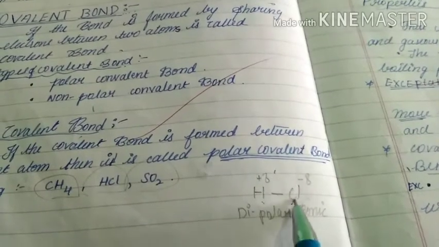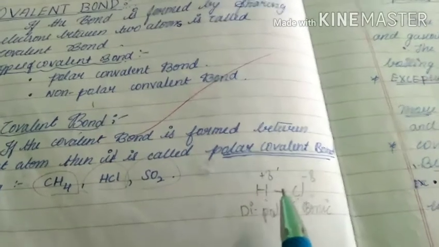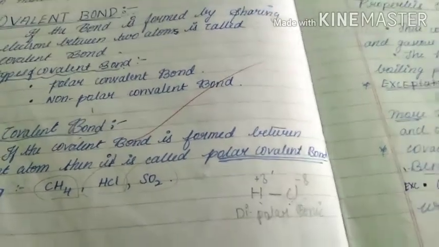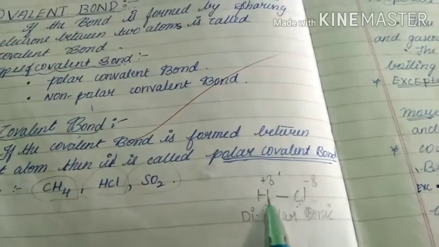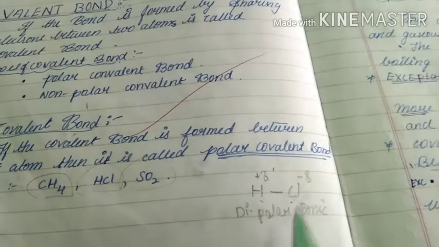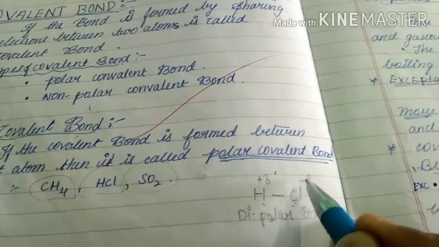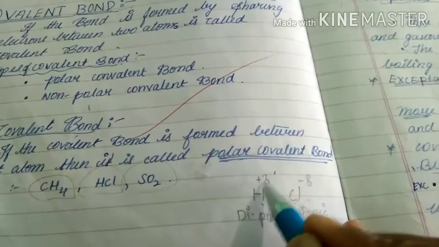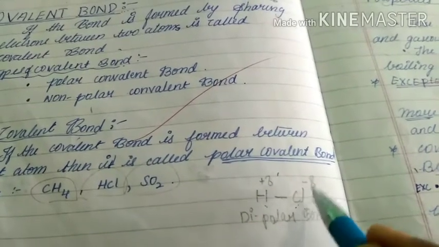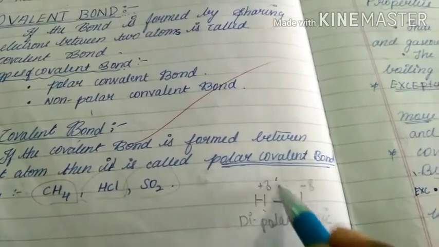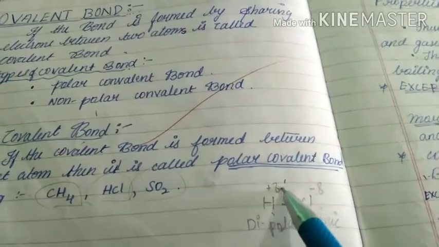So because of the more electronegativity of chlorine, the electrons present in that bond readily move towards chlorine. That means hydrogen is going to lose electrons, and chlorine is going to gain electrons. Because of that, we mention it like this. This is called minus delta. Here plus delta. Why plus delta? Because hydrogen is going to lose the electrons, and chlorine is going to gain the electrons. This delta is called partial. That means partial negative charge. This is partial positive charge.